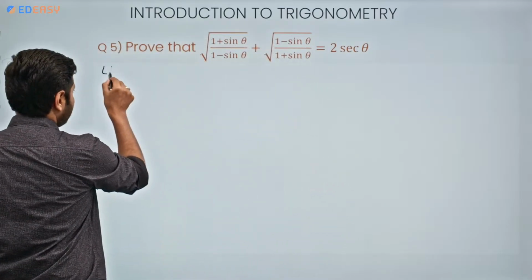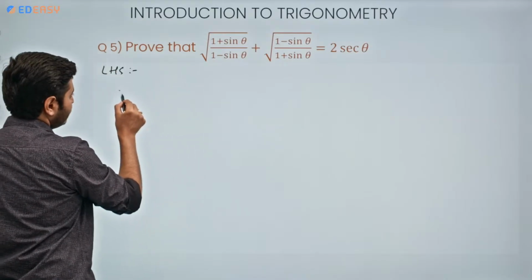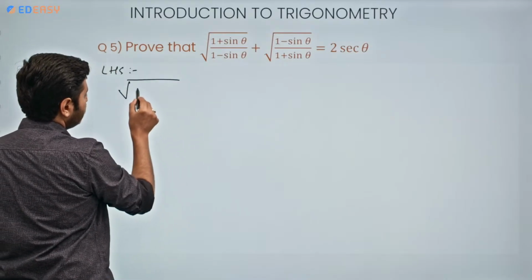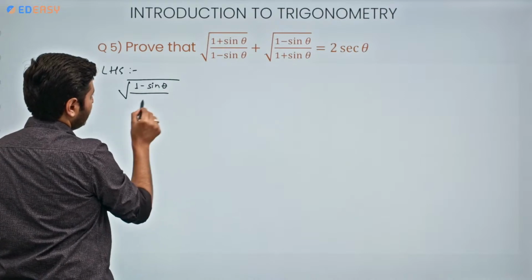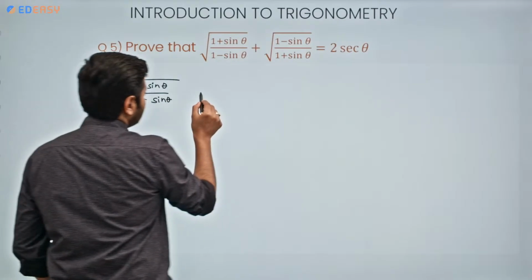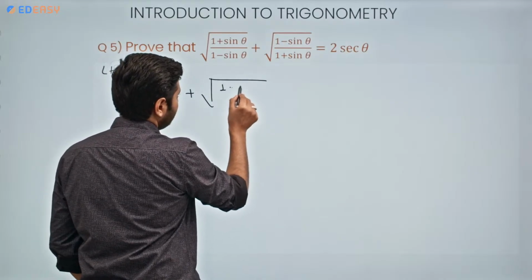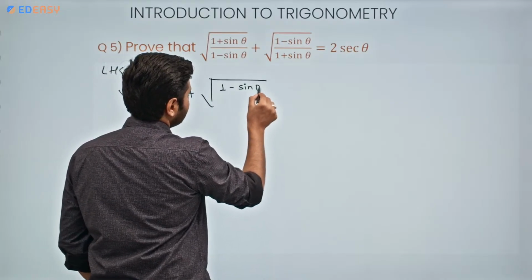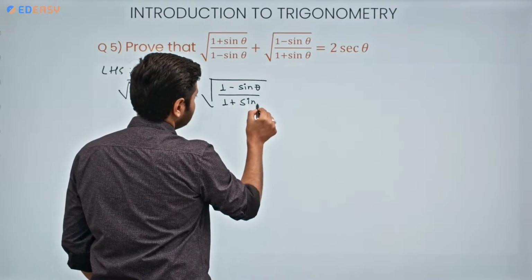Again, same thing, LHS. LHS is under root of 1 plus sine theta by 1 minus sine theta plus under root of 1 minus sine theta by 1 plus sine theta.